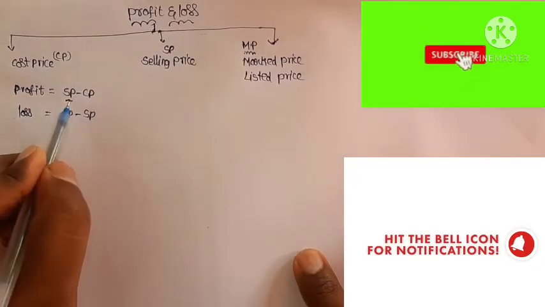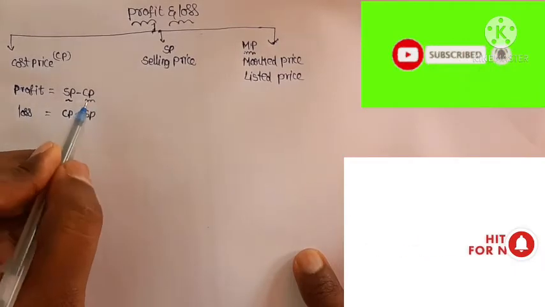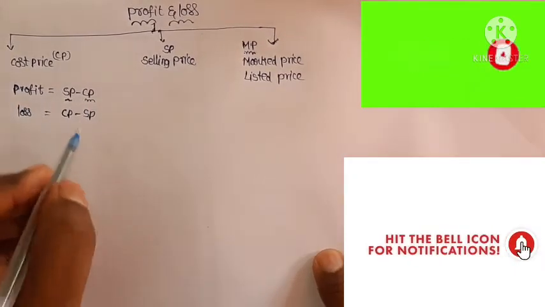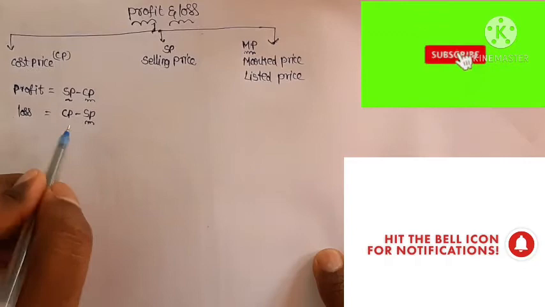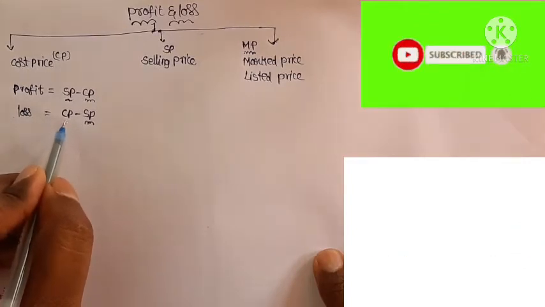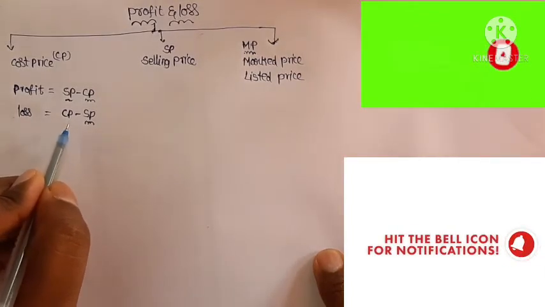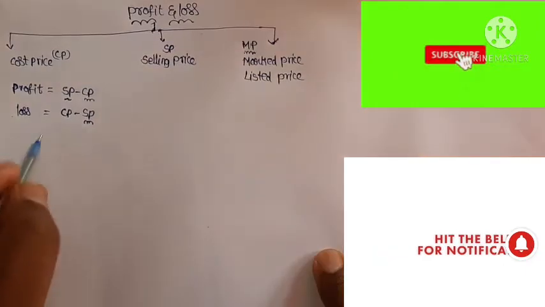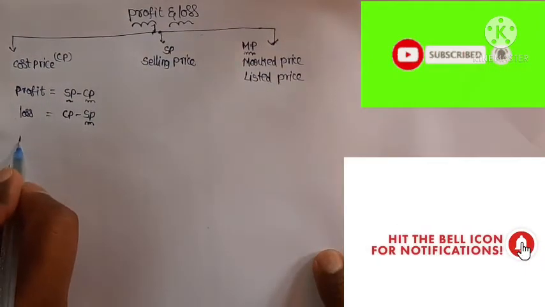So if selling price is more than cost price, then we will get profit. If selling price is less than the cost price, then we will get loss. Profit percentage.